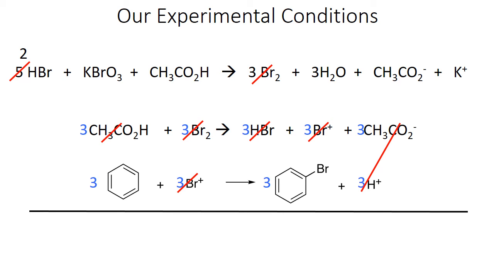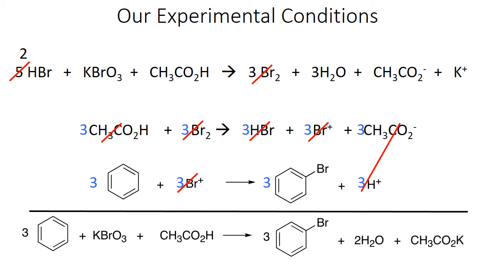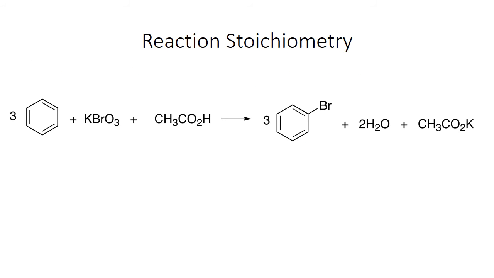Finally, we take what is left on either side of the reaction. We get 3 aromatic rings plus 1 potassium bromate plus acetic acid gives us 3 brominated rings plus 2 molecules of water plus potassium acetate. So here's that final stoichiometry one more time.